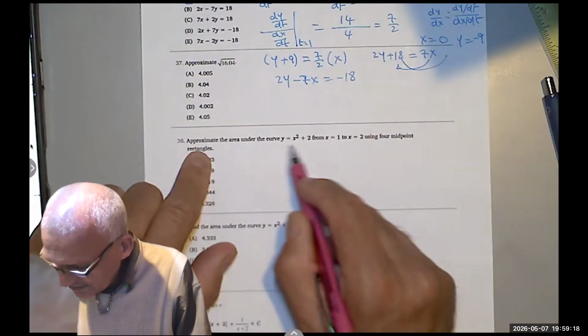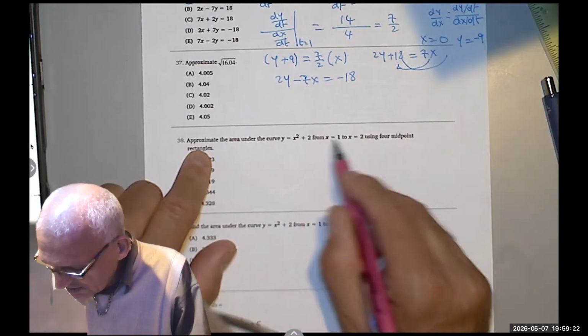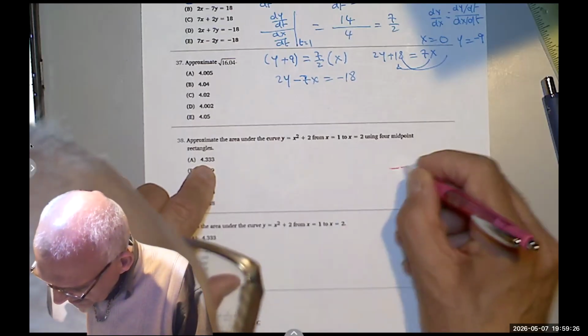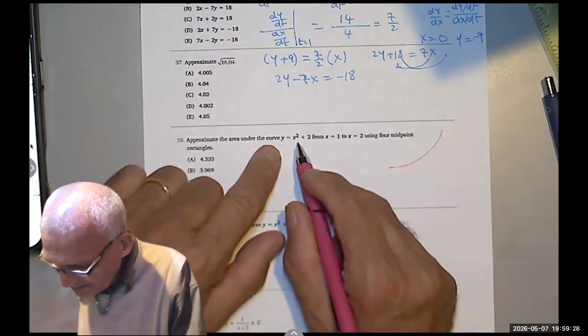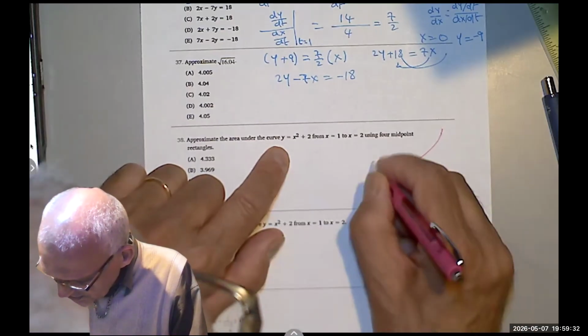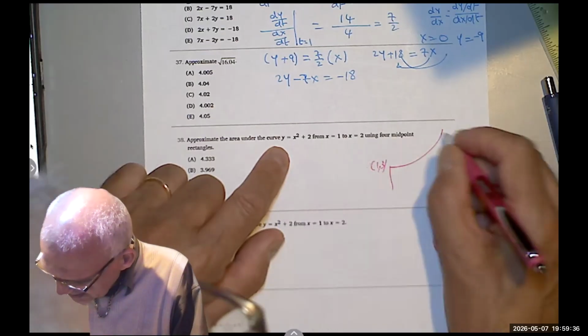Approximate the area under the curve x squared plus 2 from x equals 1 to x equals 2 using... So I have a second degree parabola from 1 to 2. So this is 1 and 3, and 2 and 6.